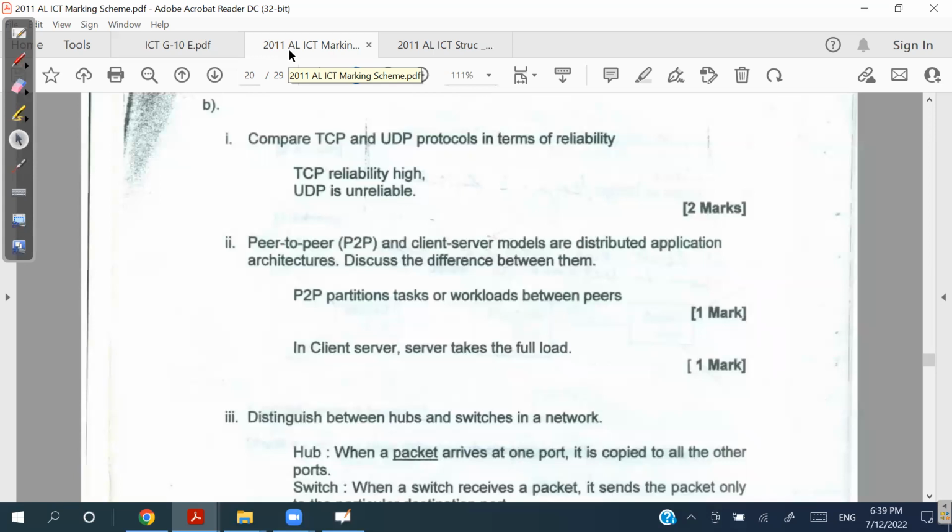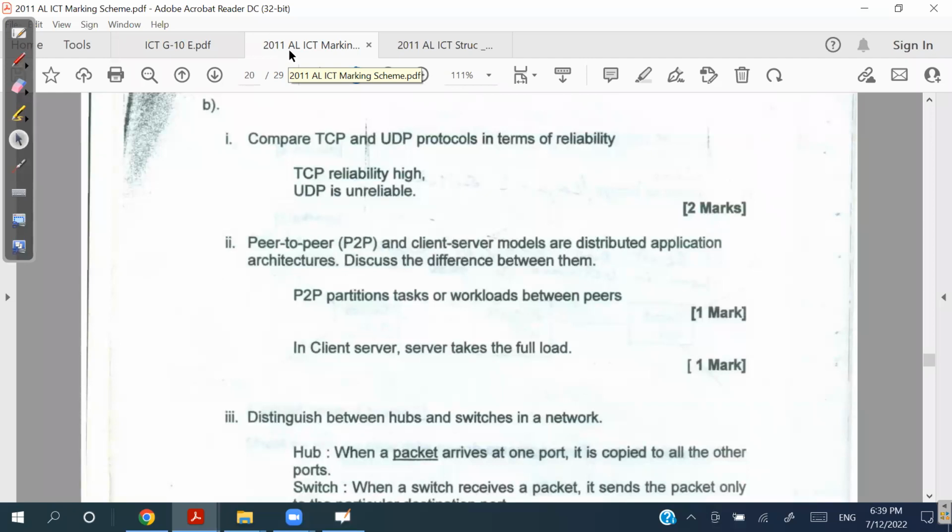So that is the difference between those things. Here it says peer-to-peer and client-server model are distributed application architectures, discuss the difference. Even if you do not discuss this, you can have the 2 marks because it is not in your syllabus now, right?